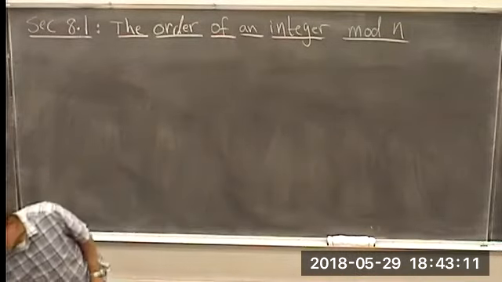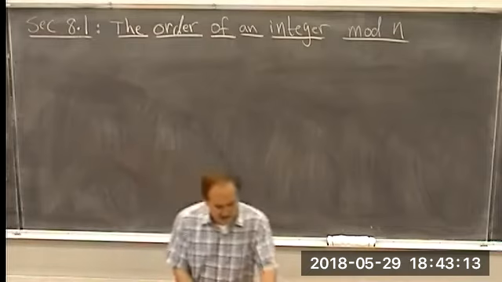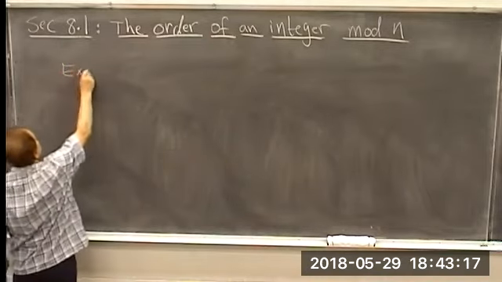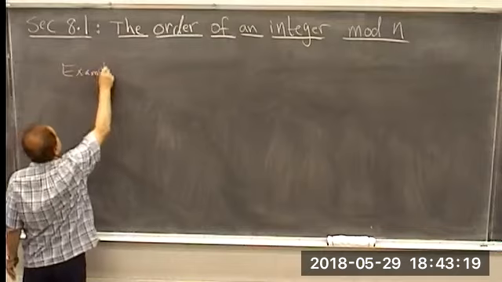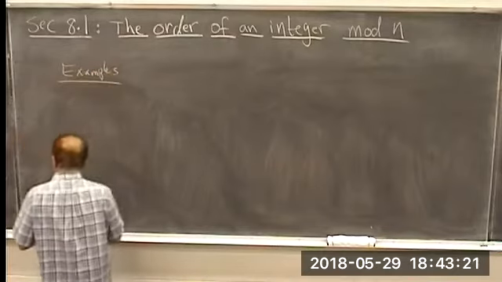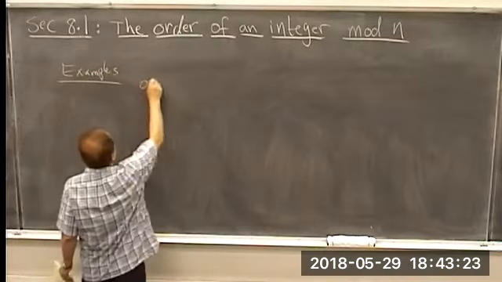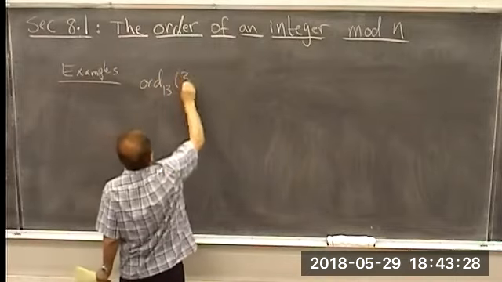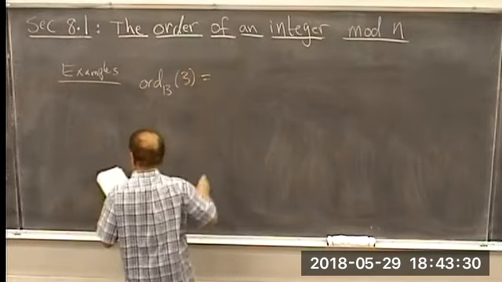So let's just see how the theorem actually works. Here's some examples. Let's take, we have the order mod 13 of 3 is equal to 3.